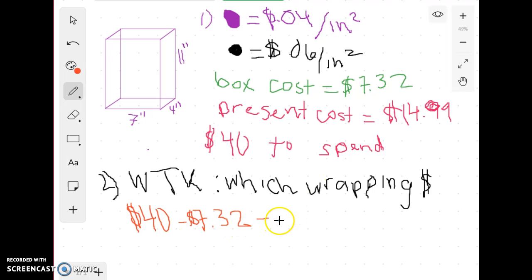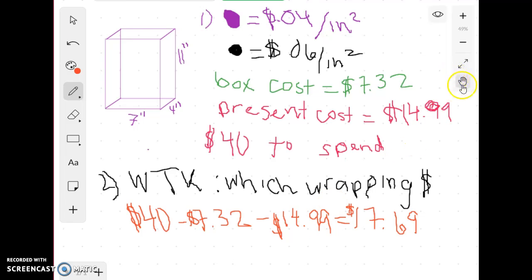And then minus the cost of the present, which is $14.99. Awesome. So once we subtract everything from each other, that ends up being $17.69. So this is the amount of money we have to spend on wrapping paper.